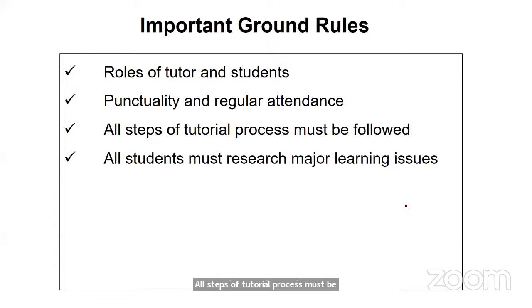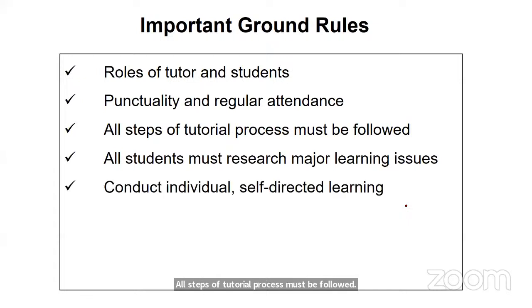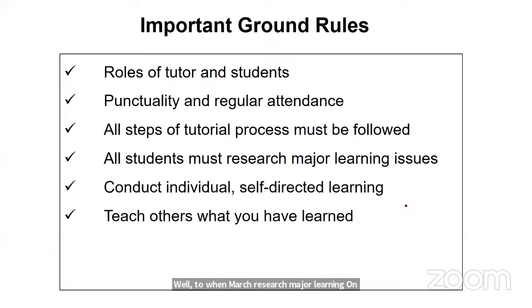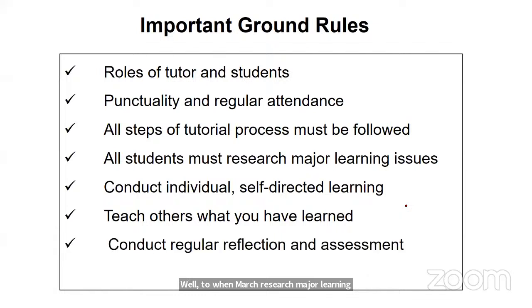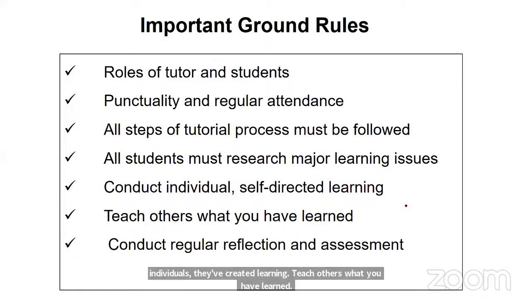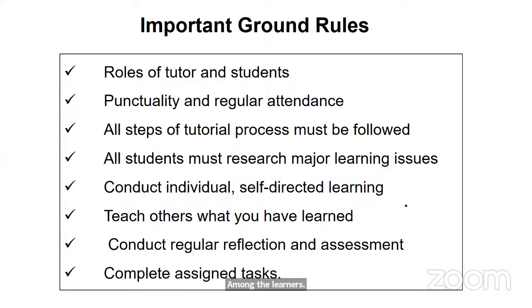All students must research major learning issues, conduct individual self-directed learning, teach others what they have learned among the learners, conduct regular reflection and assessment, and complete the assigned tasks. And it is a group performance. No competition must be there among the group. That must be ensured by the chair, scribe, as well as the tutor.